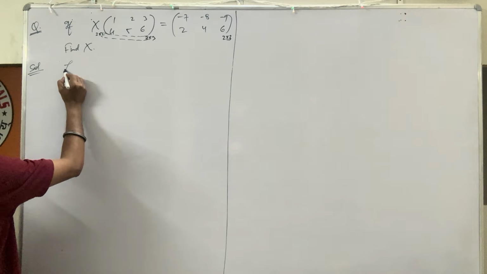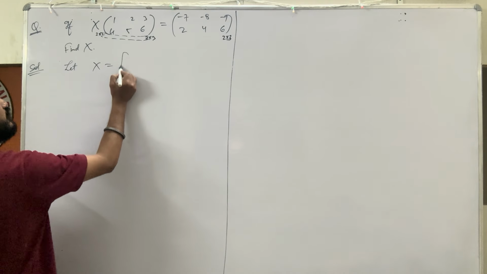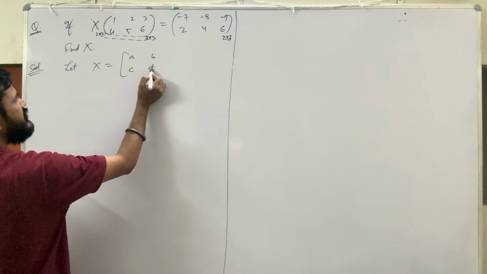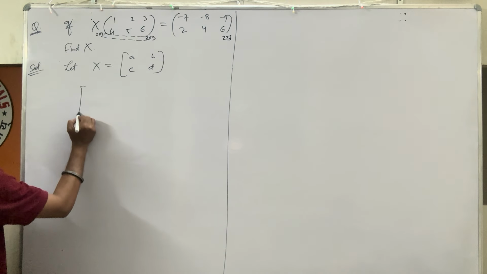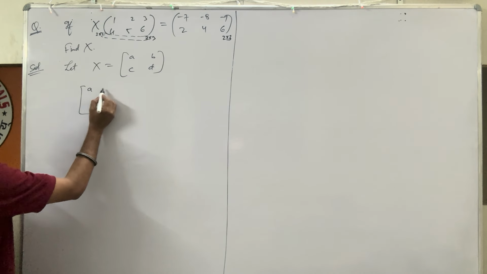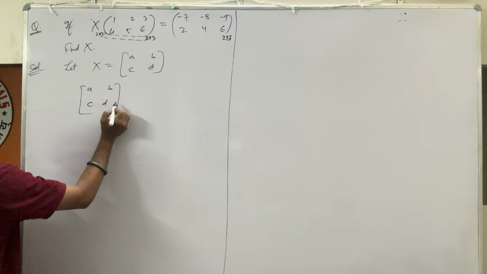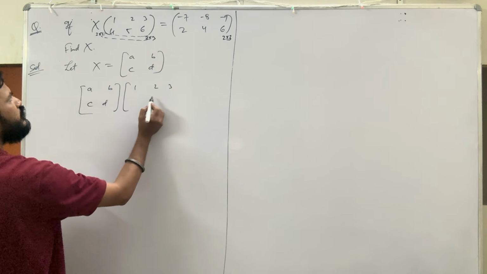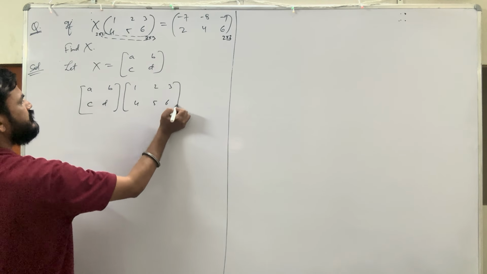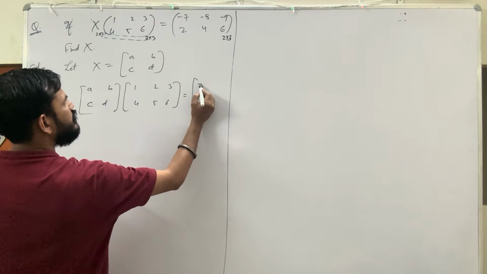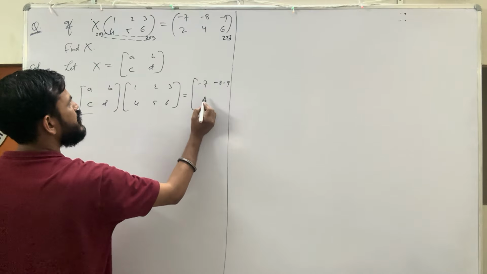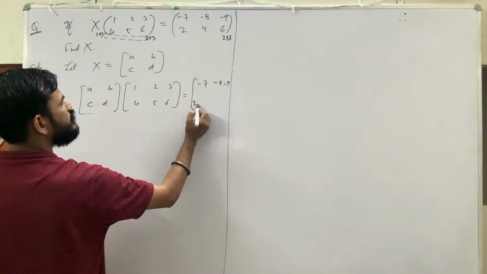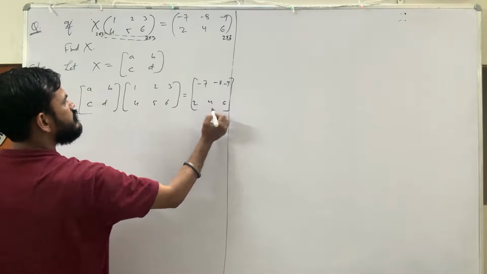So let us choose X to be [A, B; C, D]. We will multiply it with [1, 2, 3; 4, 5, 6], and that will be equal to [-7, -8, -9; 2, 4, 6].